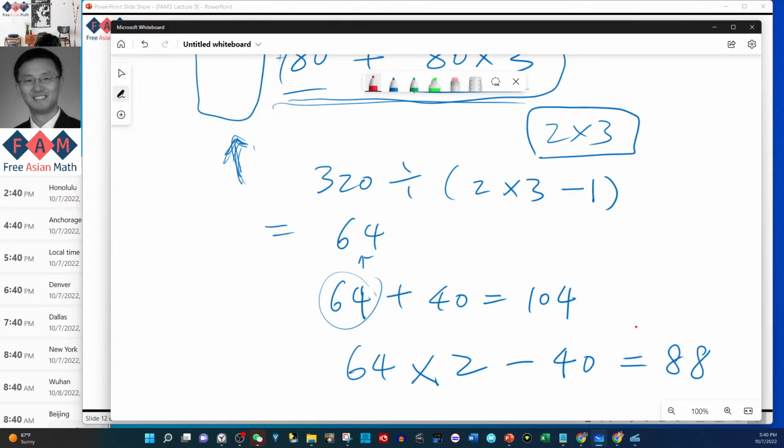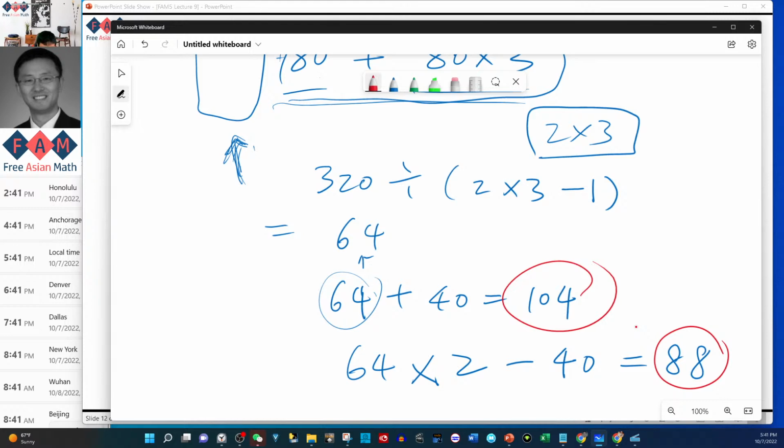So initially, after giving 40 to Albert, Aaron becomes 64, and Albert becomes 128. That's exactly twice. Okay, so you can see that this problem is actually built upon the earlier Alice, Betty, and Carol's problem. Okay?